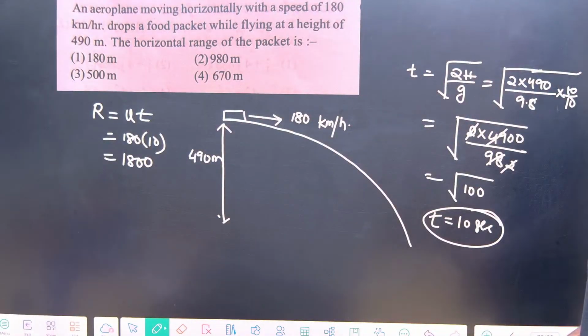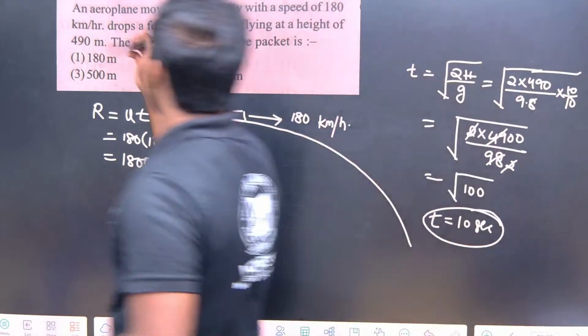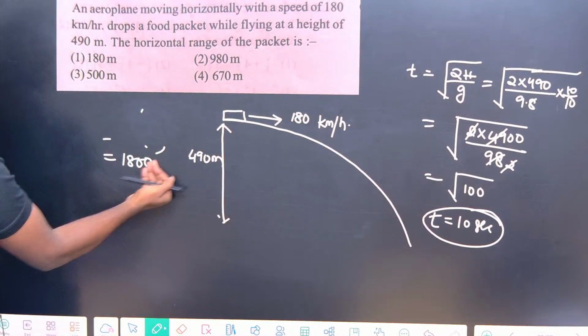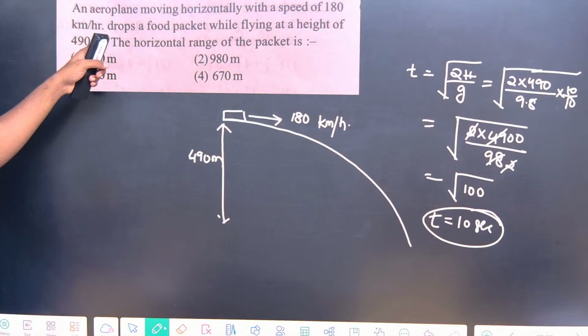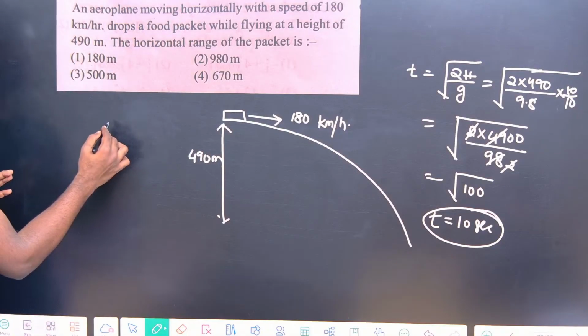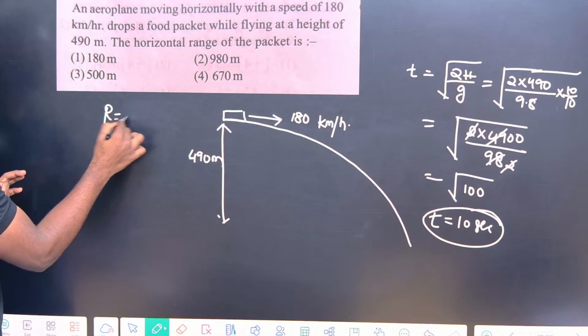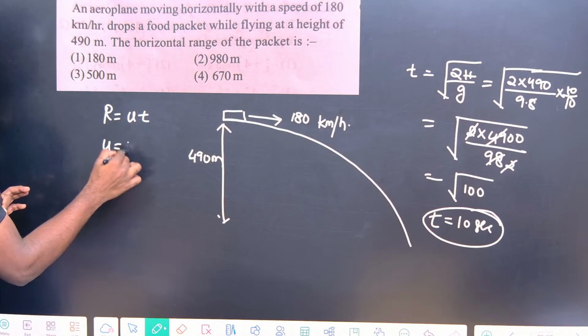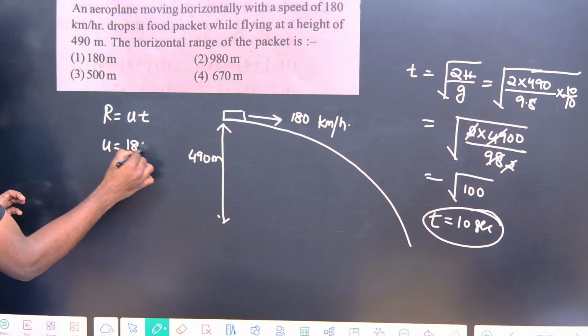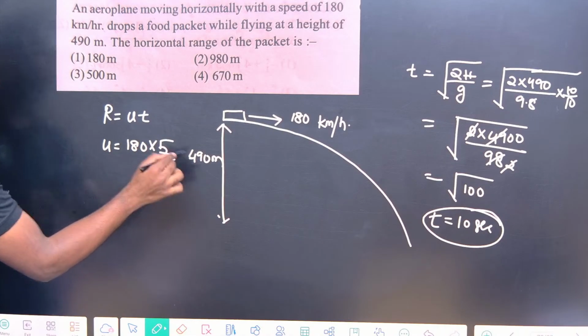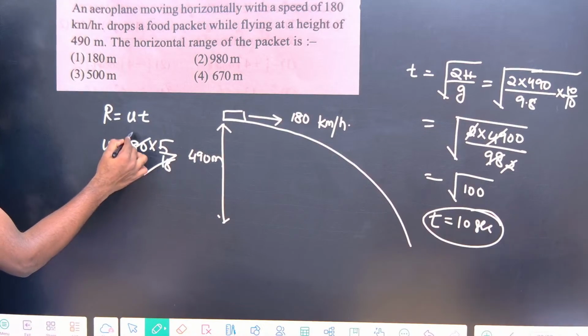Is there any kilo? Yeah, it is kilometer per hour, no? Wait. It's a kilometer per hour, so I need to convert into meter per second. So R is equal to U into T. U will be equal to 180 into 5 by 18, meter per second. So 1 time and this is 10 times.